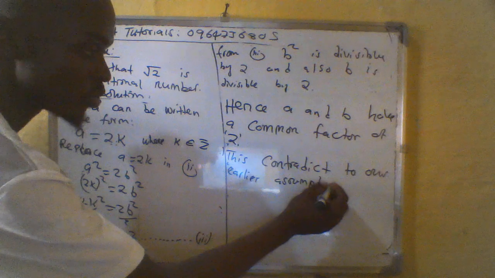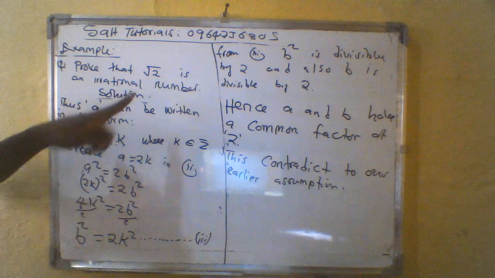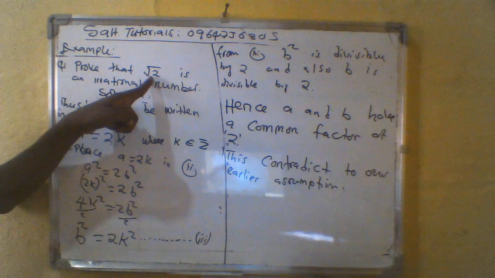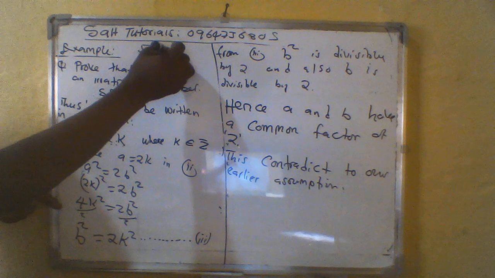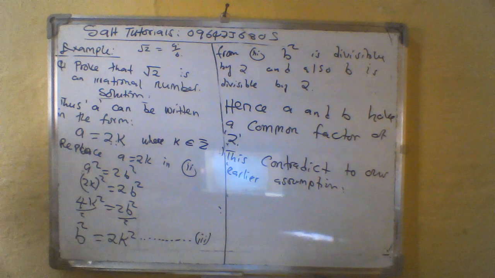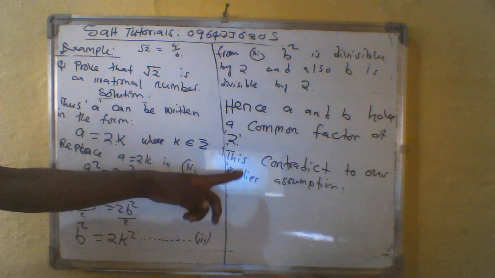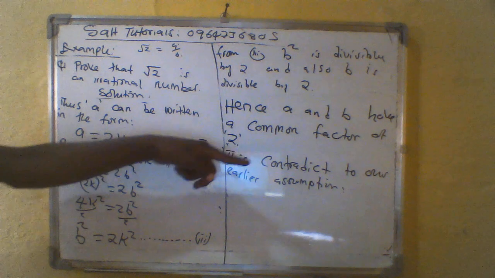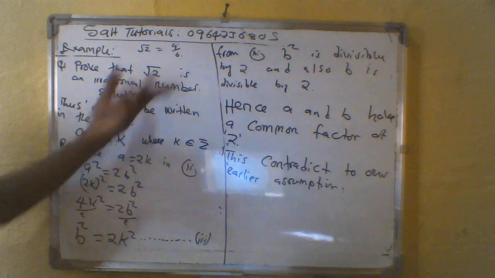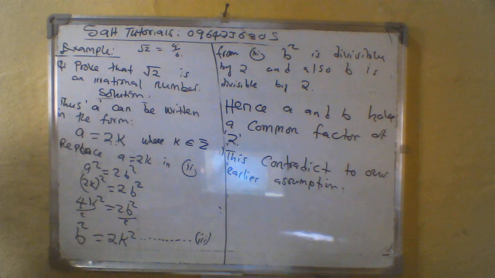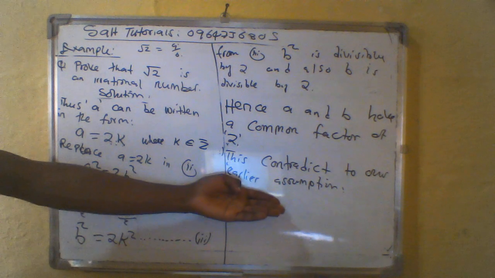The assumption was that root 2 is rational, and if we say root 2 is rational, a and b should not have any common factor. That's what we said. But here the contradiction comes in. We have that the common factor is 2. There is something common between a and b, implying that it has contradicted what we assumed. So this contradicts our earlier assumption.